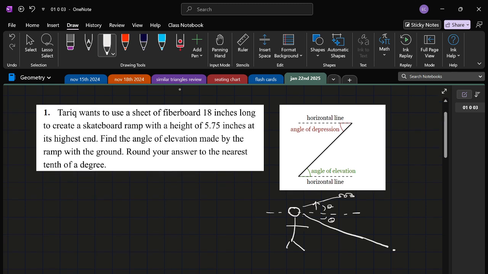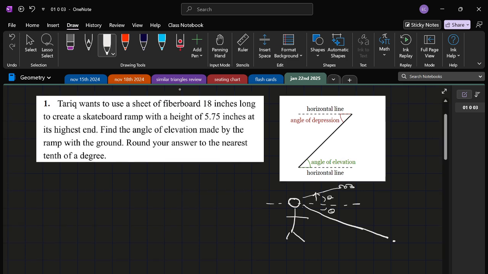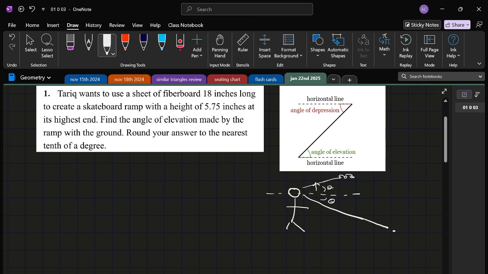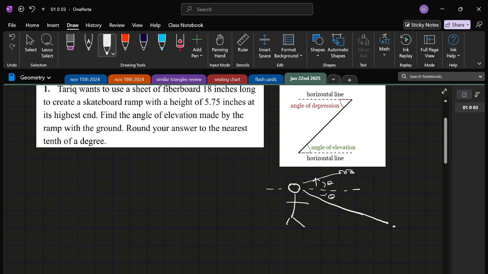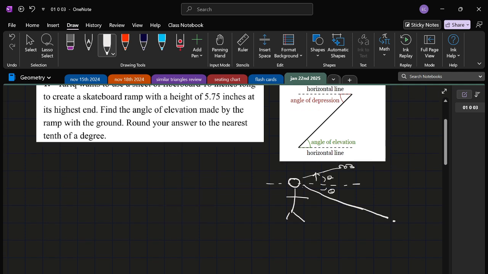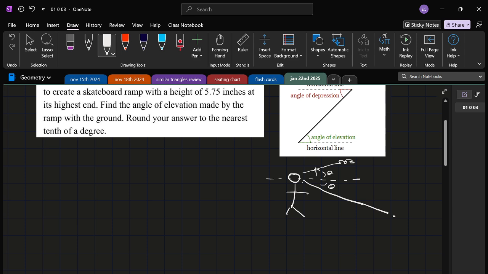This one says, Tariq wants to use a sheet of fiberboard 18 inches long to create a skateboard ramp with a height of 5.75 inches at its highest end. Find the angle of elevation made by the ramp with the ground. Round your answer to the nearest tenth of a degree. So we're going to have the ground, and then a ramp.